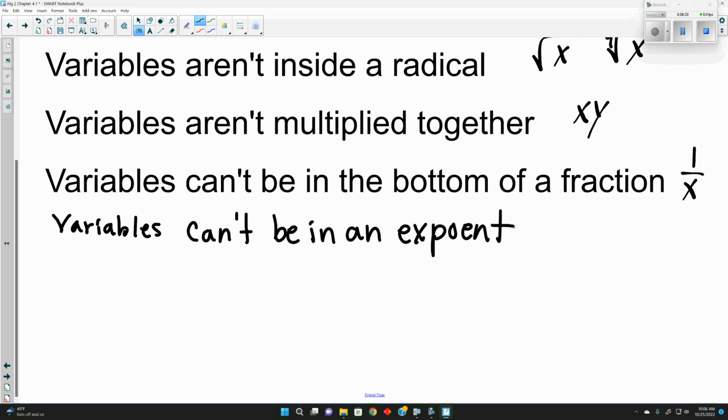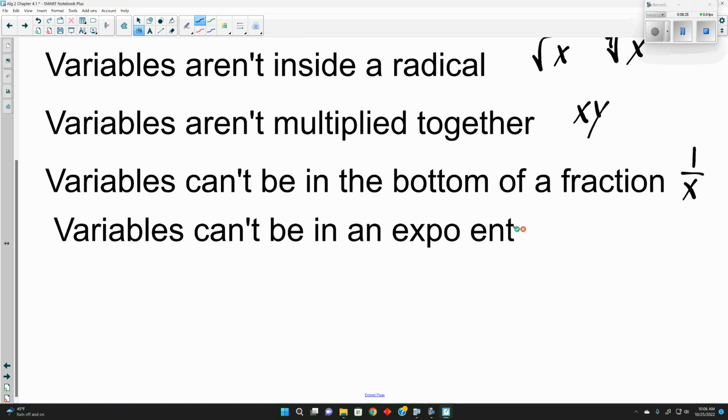I spelled exponent wrong. Sure. Variables can't be in an exponent. Yep. I just need to switch back to normal n, because all I was missing was an n. So the only other one that we can have is variables can't be an exponent in an exponent.